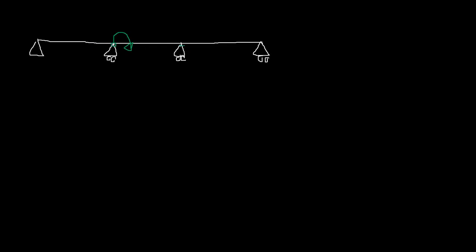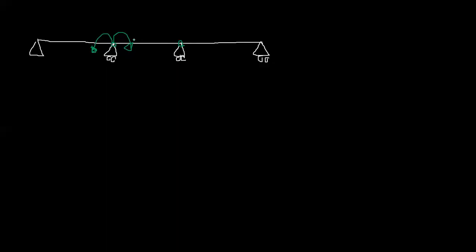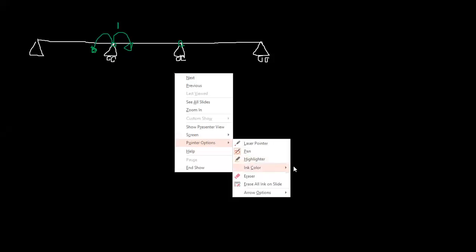Okay, so I need to give exactly, because I need to worry about this part. If I know this value, that is exactly the same as this value, right? So if you apply a unit moment like this, your beam is going to deflect in this fashion, right?